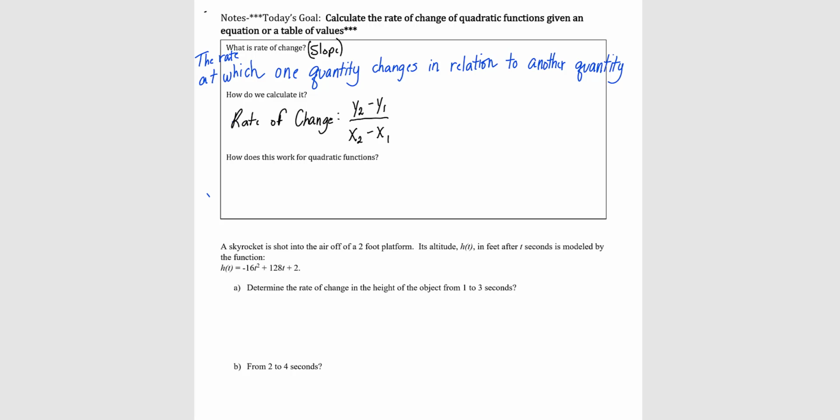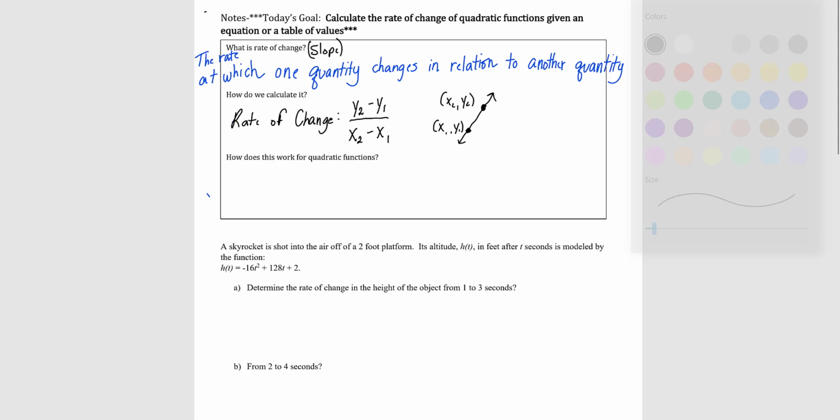Normally this is really easy because normally we've just got a line and we pick the xy coordinates from one point and we pick the xy coordinates from a second point and plug them into this formula and we've got our answer. It's pretty similar with quadratic functions.